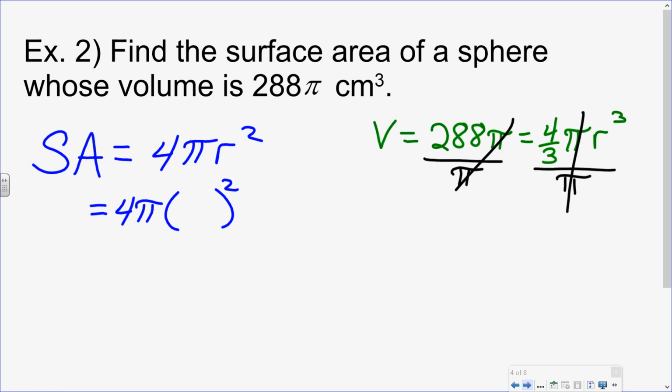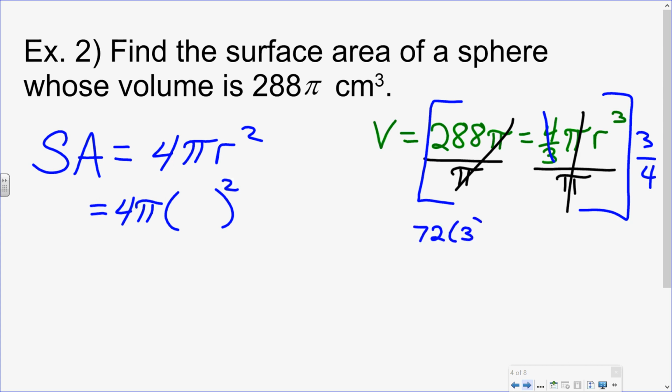So now I have 4/3 times r cubed, and we saw a couple of times yesterday that when I want to get rid of a fraction, 4/3 times my variable stuff, I need to multiply both sides by 3/4. So this one will go away. This one, 288, I think I can divide by 4 and get 72 times, and I still have that 3 in the numerator.